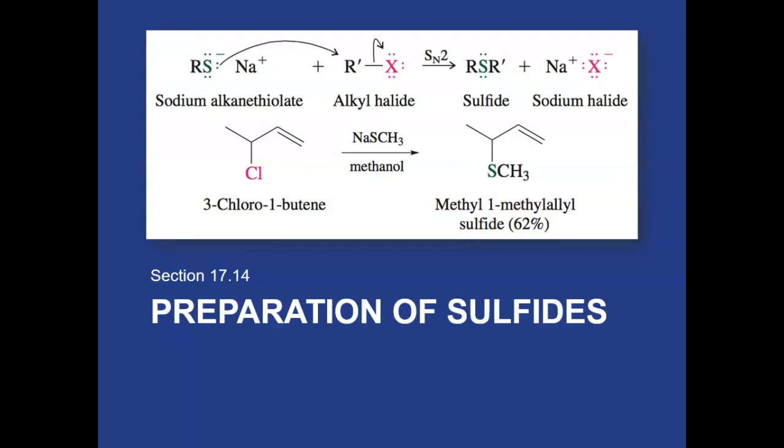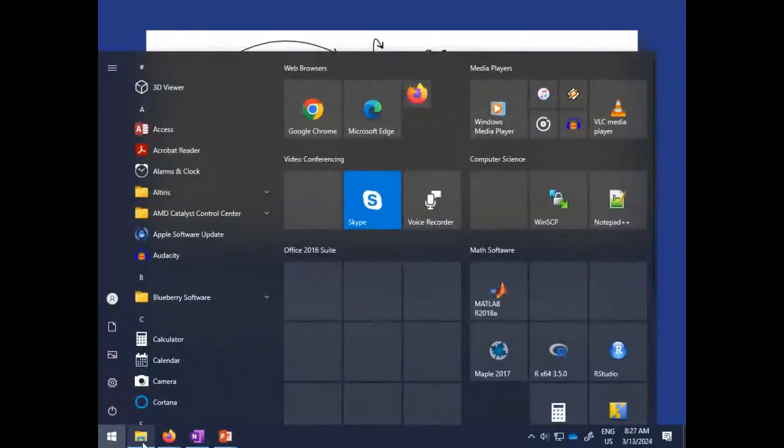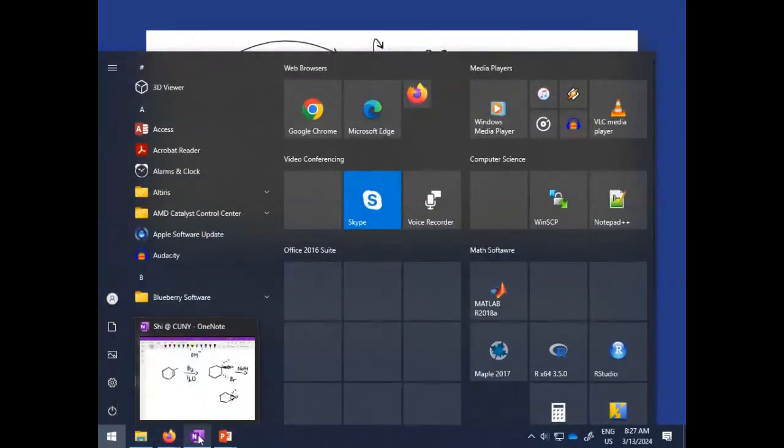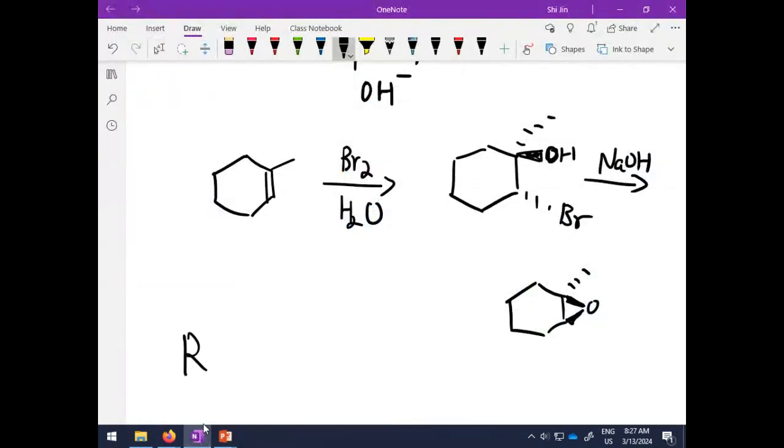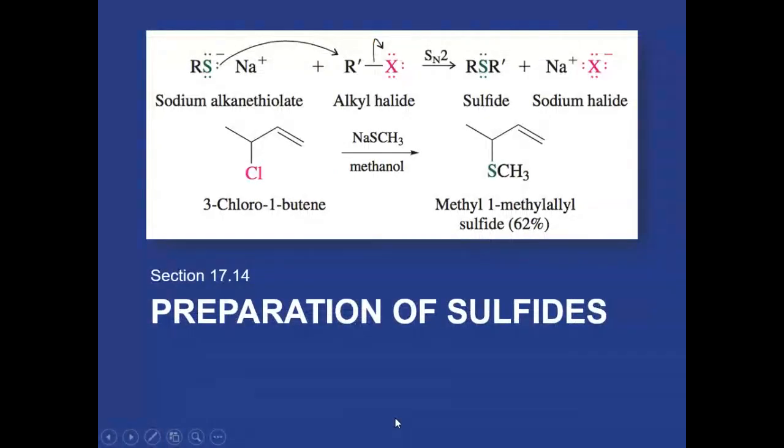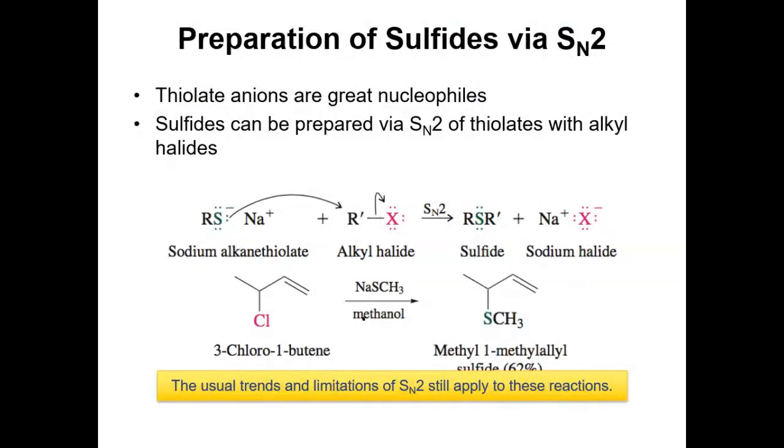Ethers refer to the class of compounds with two hydrocarbon groups bound to the oxygen atom. That's called ether. If we replace this O by S, then we get what are called sulfides.